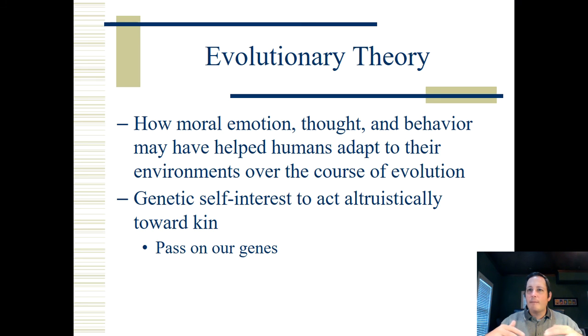So a parent sacrificing their life for their child, yes, highly moral, but there is also something to be gained in that you pass on your genes. So they would even argue there's no such thing as altruism, that rather somebody's always acting in their own interest, and their own interest will help us in our evolution and be able to continue on the species. Very interesting kind of perspective.